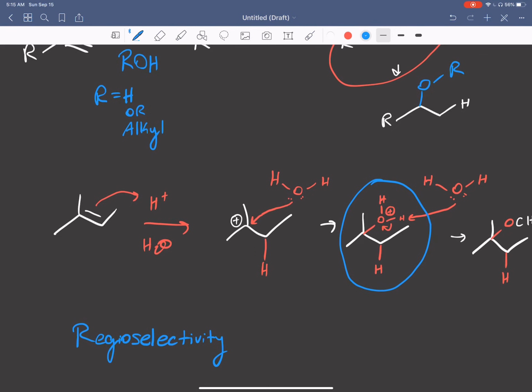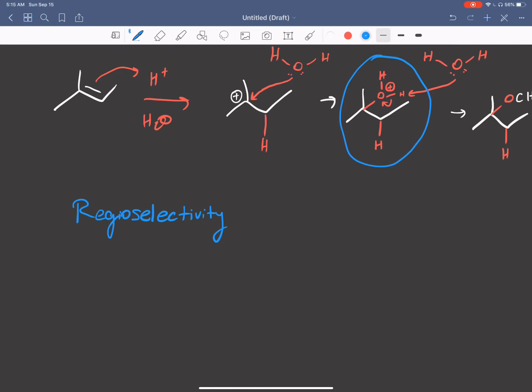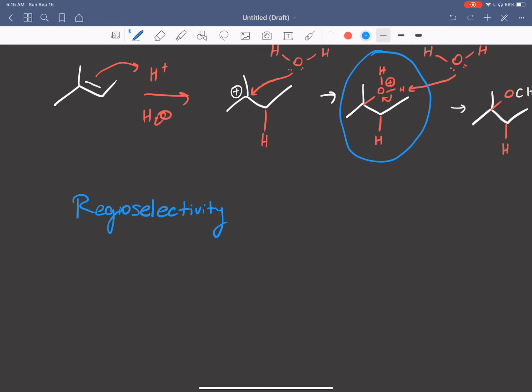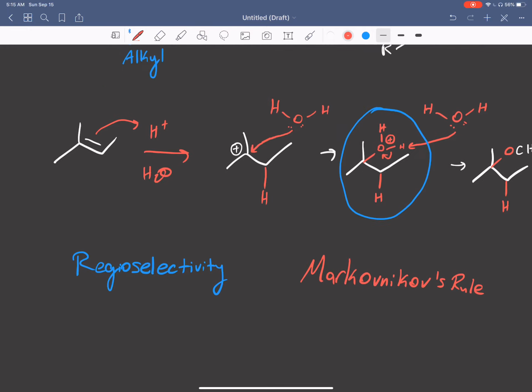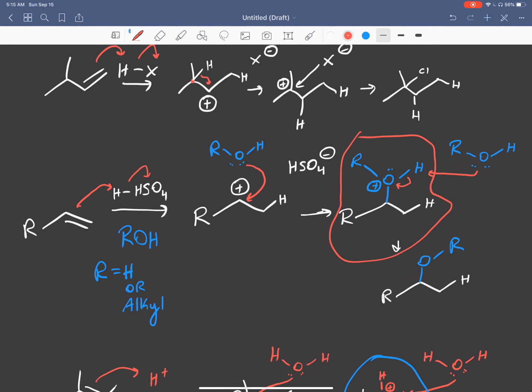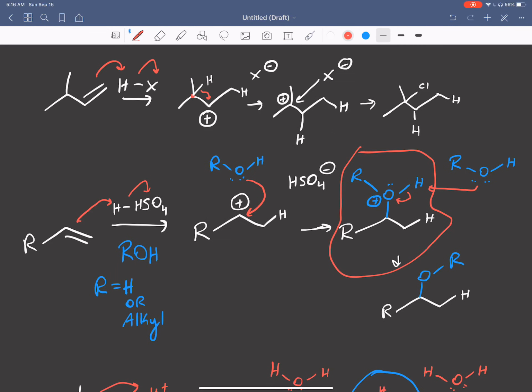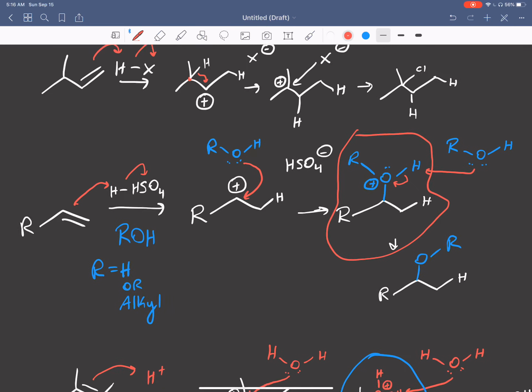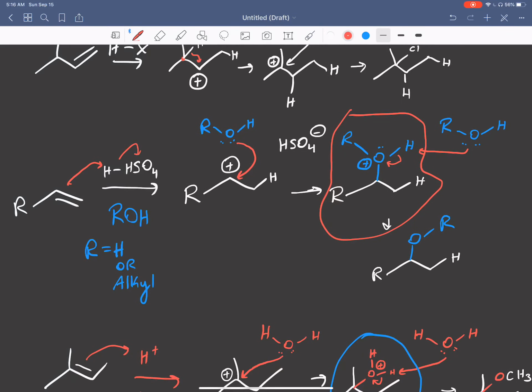And so when we describe reactions in terms of adding to a more substituted location, it follows a rule called Markovnikov's rule. This simply states that when the reaction proceeds, our nucleophile, like the halide or our ROH group, will add to the more substituted carbon.